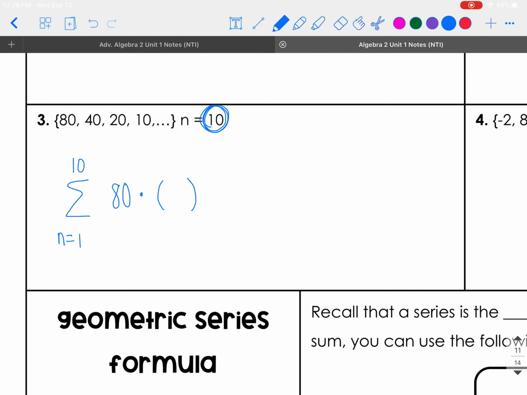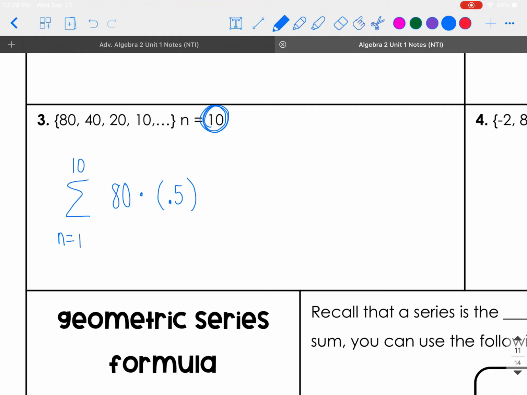For my R, notice your numbers are getting smaller. This means that your ratio is probably going to be a fraction. And so to help you figure that out, if you take 40 divided by 80, you get 0.5. You can write 0.5. You could also write 1/2 is fine.